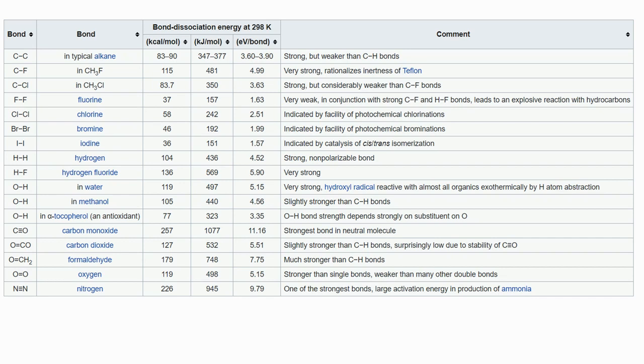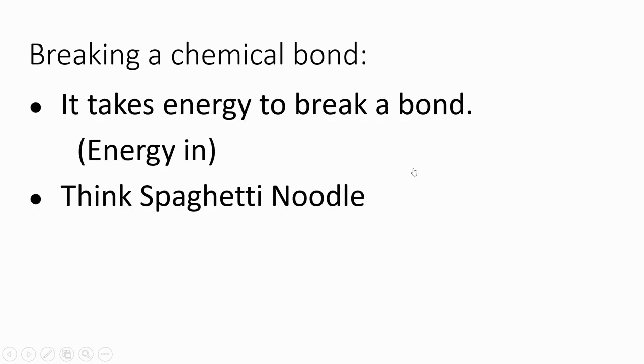If I have a hydrogen-hydrogen bond, each of those bonds has 104 kilocalories per mole. So if I have a mole of hydrogen-hydrogen bonds, that's 104 kilocalories. I can look up in different tables and figure out how much energy each type of bond has. So that's kind of fun, and we'll look at this on our assignment as well.